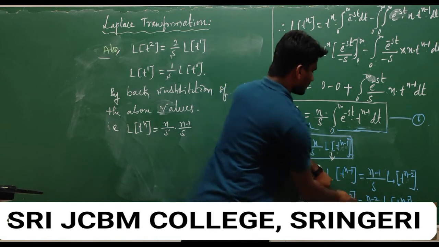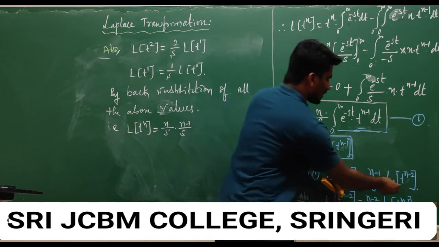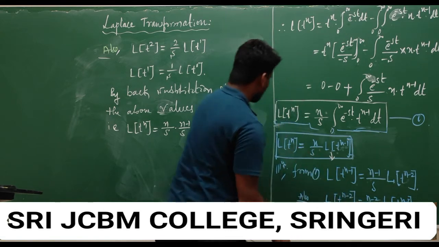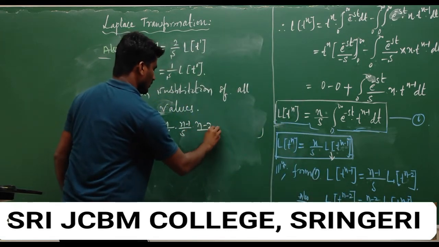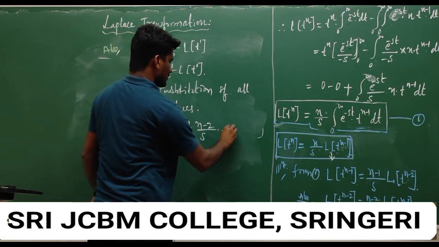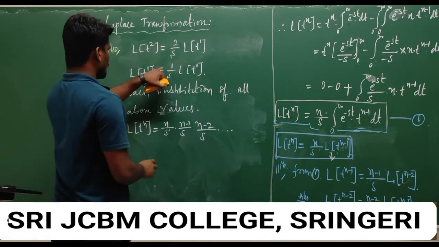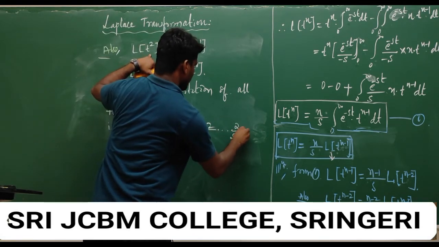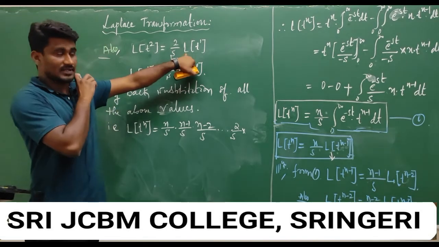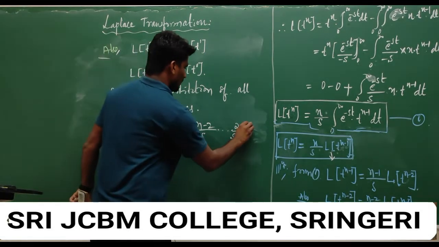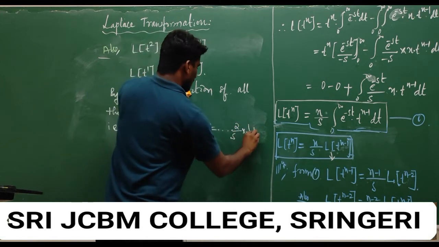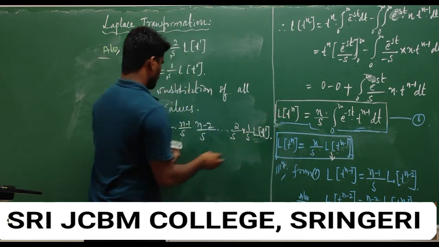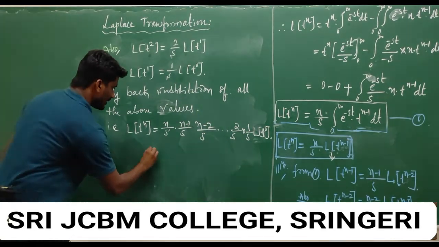Again t to the power n minus 1 gives t to the power n minus 2, whose value is n minus 2 over s, and so on. The value of t square is 2 over s into Laplace transform of t to the power 1, which is 1 over s into Laplace transform of t to the power 0. So we can write this condition.